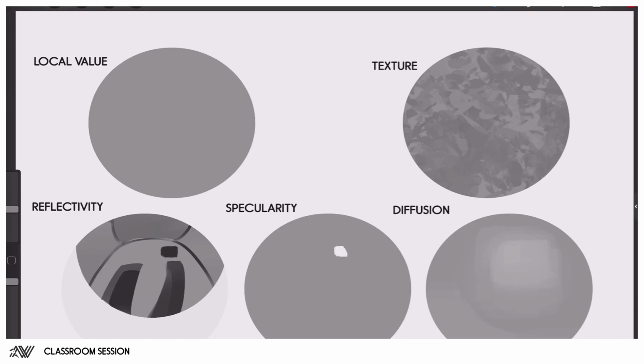Now, texture is one of the main factors, and it's the one that a lot of beginners don't take into consideration too often when they think about material characteristics. Now, the thing is, and I talk about this in the first classroom session, that texture is going to have a high influence on the way that light acts onto your object.